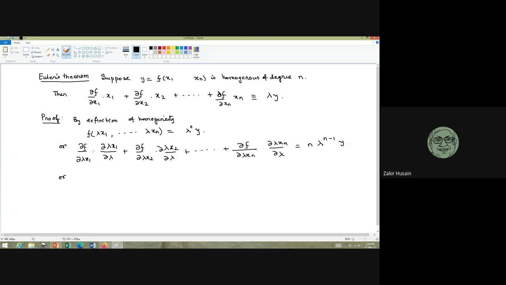Okay. Now, if we differentiate this, see, what is this? This is simply x1. This will be lambda x2. This is lambda xn.